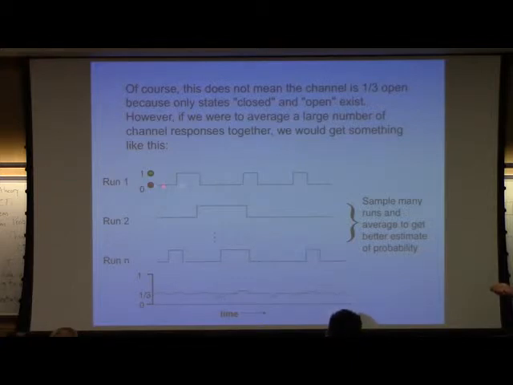Now one can take one channel and look over a long time, or you can take a number of independent channels and look at when they're closed or open. Here, if we put 0 for closed and 1 for open and average this, you will get some trace like this. You get some amount of noise.